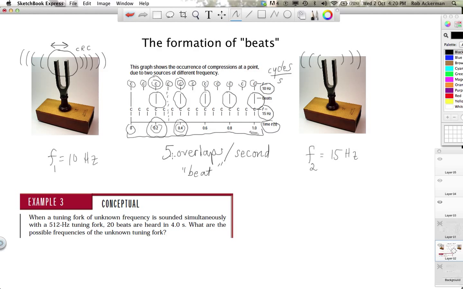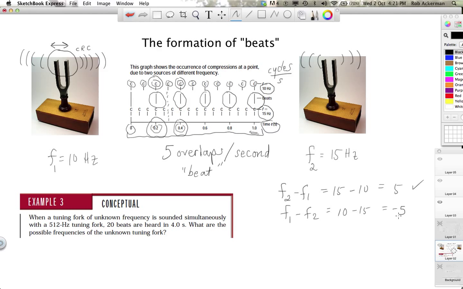Now, if there's 5 beats per second when a 10 and a 15 Hertz tuning fork ring, can you guess what the formula is to calculate the beat frequency? Well, it should be pretty clear to you that if you do F2 minus F1, that's 15 minus 10, you're going to get the 5. But you'd also get a 5 if you did F1 minus F2, then you'd get 10 minus 15.